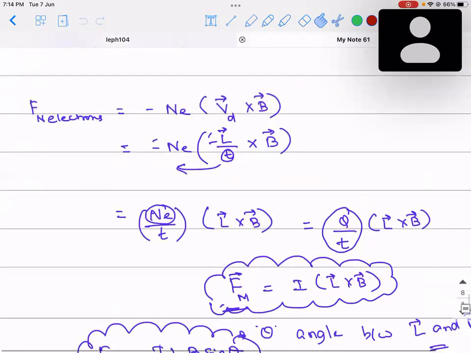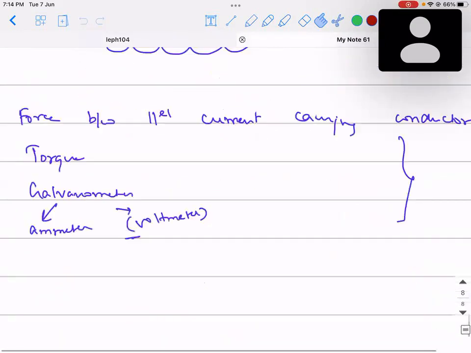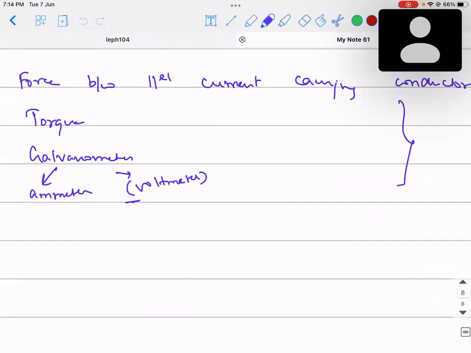Yes. So we have seen the force experienced by a current carrying conductor, and that value comes out to be F = BIL sin theta.